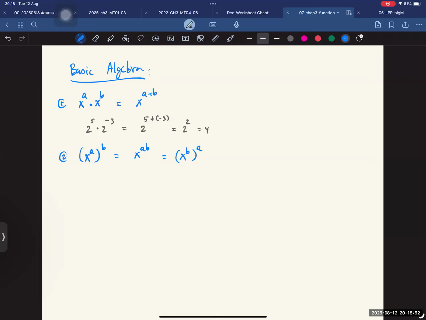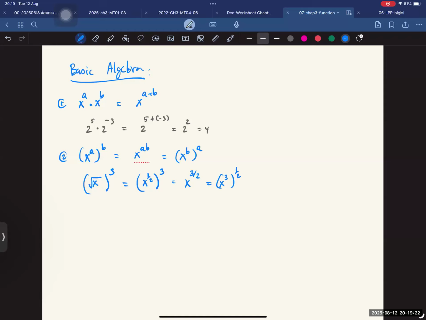For example, here maybe we have the square root of x to the power of 3. So this is x to the 1/2, and then to the power of 3. So that is x to the power of 3/2, right? And this is the same as x to the power of 3 and then take the 1/2 outside, same thing.